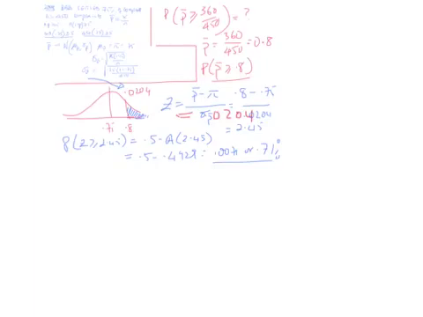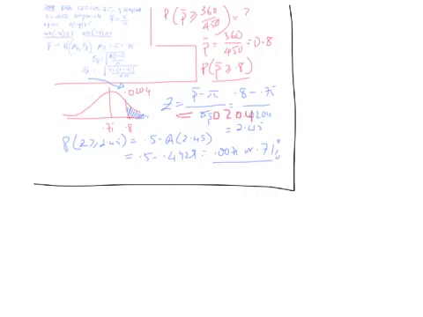Part question C here, we're told, based on a sample of 450 complaints, what is the probability that the sample proportion would be within 0.04 of the population proportion? So I'm just going to draw this diagram.